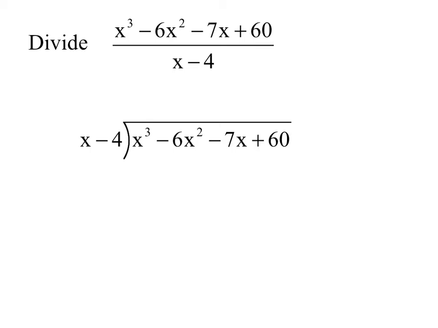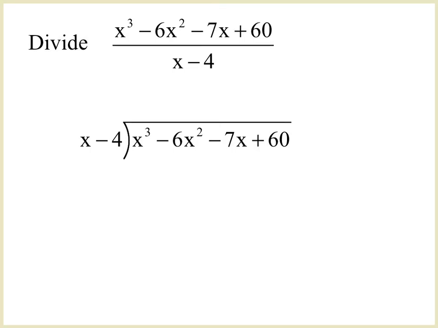Okay, so again, I say to myself, x times what equals x to the third? I'm going to have to multiply it by an x squared. X squared times x is x to the third. And x squared times negative 4 is negative 4x squared. So remember, I have to subtract the whole thing.